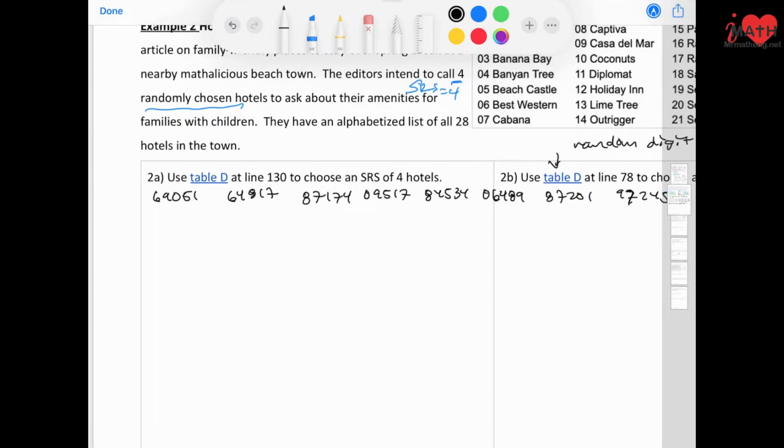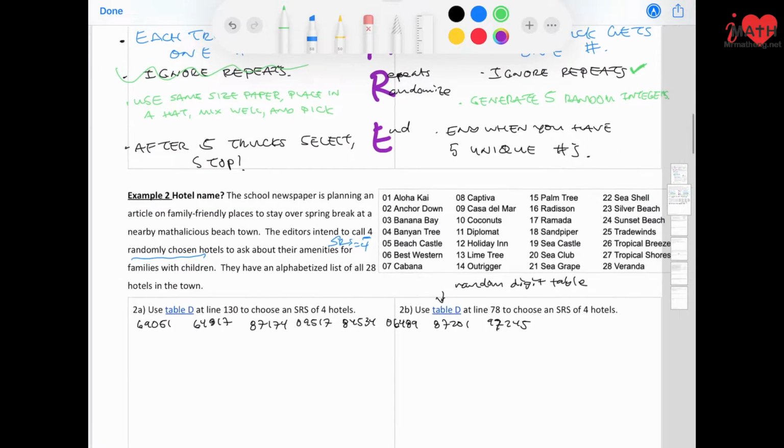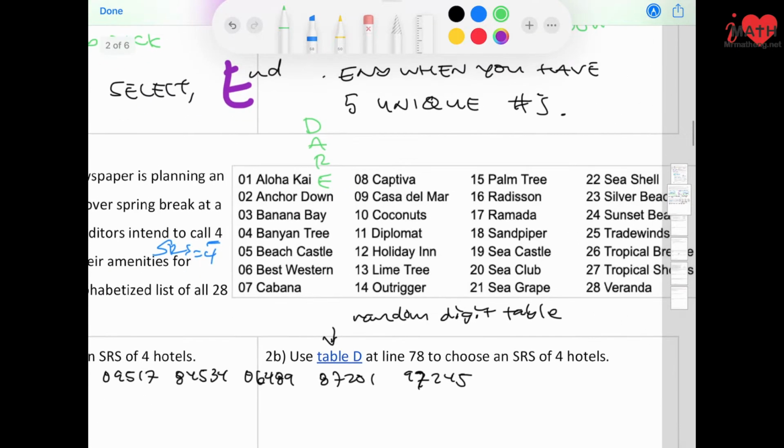All right, if you think about it, if I quickly did a dare on example number 2, there's only 28 hotels, so I'm only going to use the numbers 0 to 28. Each hotel gets a number.